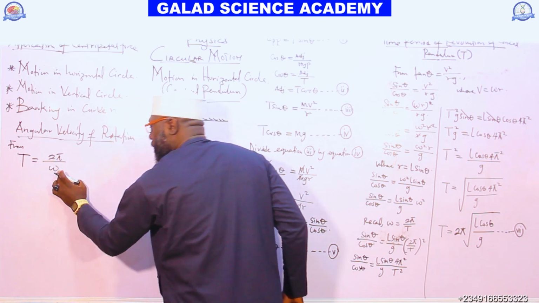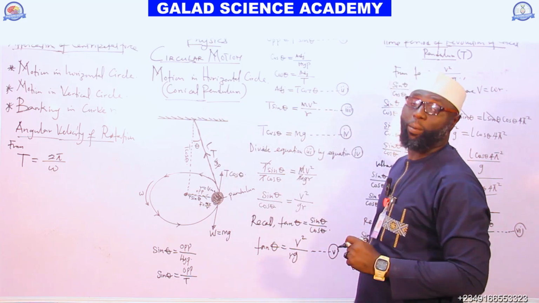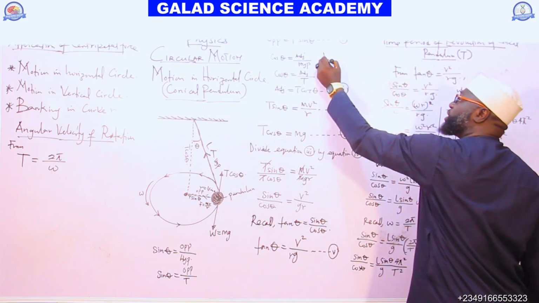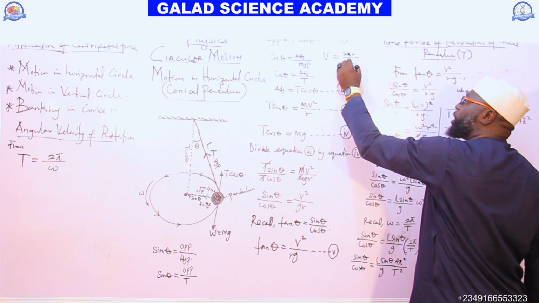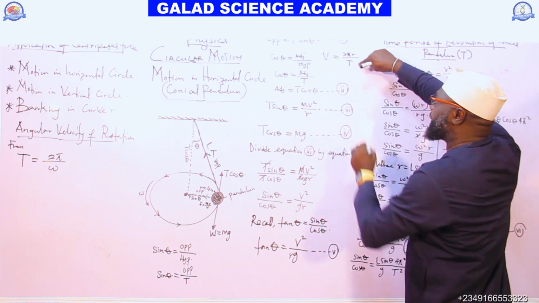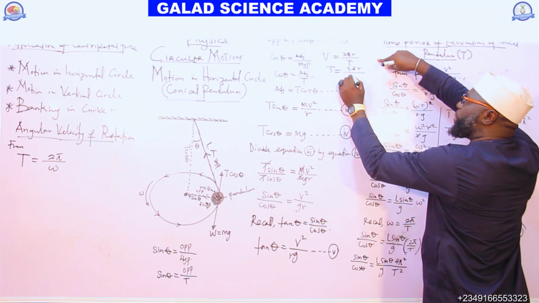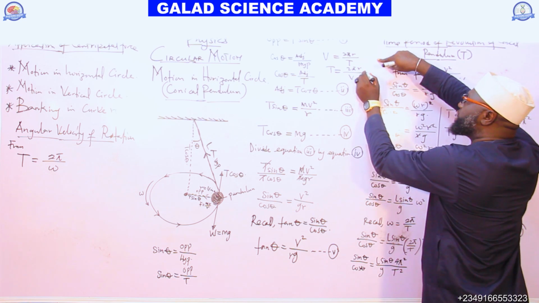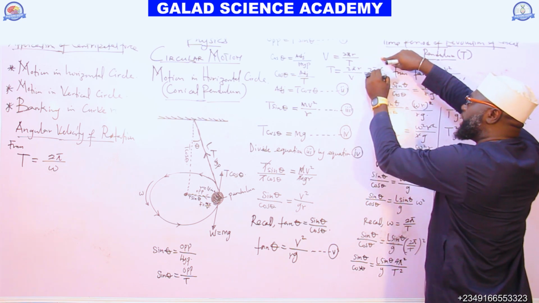If you remember from the beginning of circular motion, where I said velocity is equal to the perimeter of circle 2 pi r over T. And I take T, I put it here, you now have 2 pi r over v. So where this is equal to 2 pi r, this v is omega r. This cancels each other.